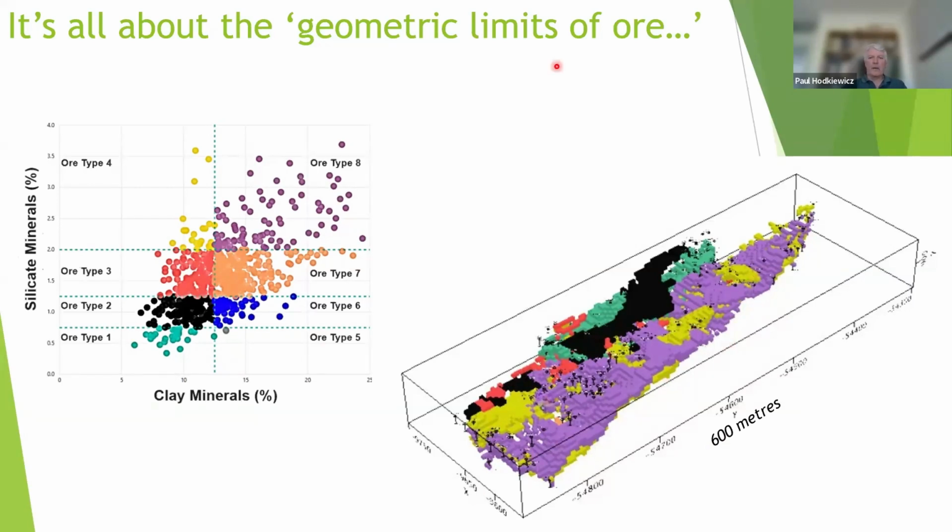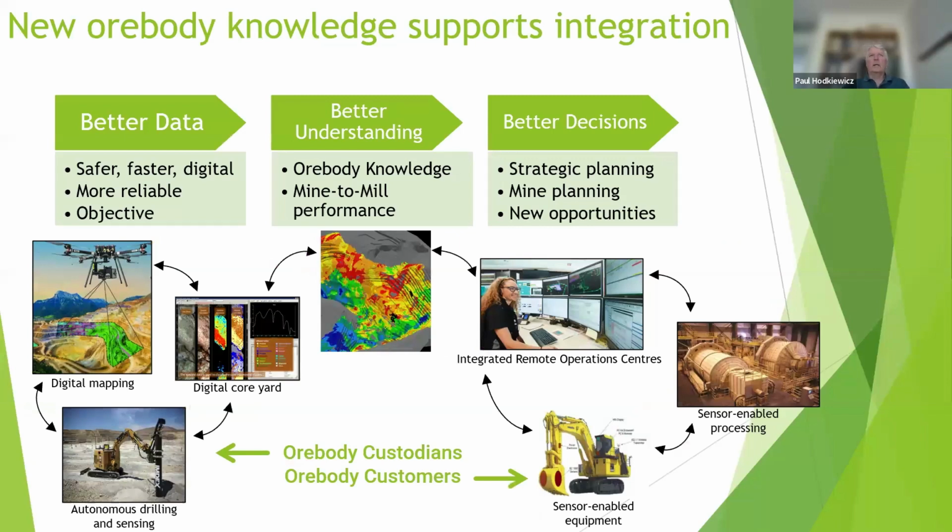So again, this is about the custodians, the geoscientists, collecting this new ore body knowledge and information and providing really good information for the customers to get the most value most efficiently from the mining operation. And this is another way to look at it, kind of a systems view about how ore body knowledge supports integration between the custodians here on the left, which is really the geoscientists who are involved in better data collection.